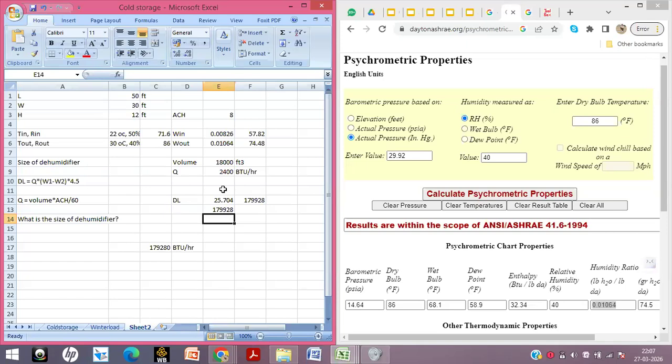Today we started with winter load calculation. If you have winter season and the outside temperature is colder compared to the indoor temperature, and you need the indoor a bit hot, you can select a heating coil for that. How big the heating coil has to be depends on the room size, the occupancy, and the equipment.